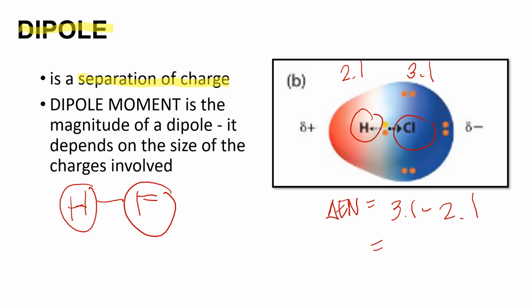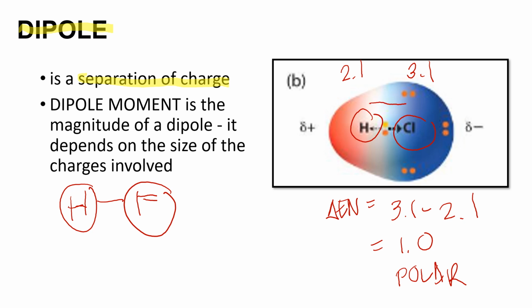We have an electronegativity difference of 1.0, which is between 0.4 to 1.7, and hence we consider it a polar covalent bond. So this difference in electronegativity means that chlorine has a much stronger tendency to attract the shared pair of electrons in the hydrochloric acid bond toward itself.